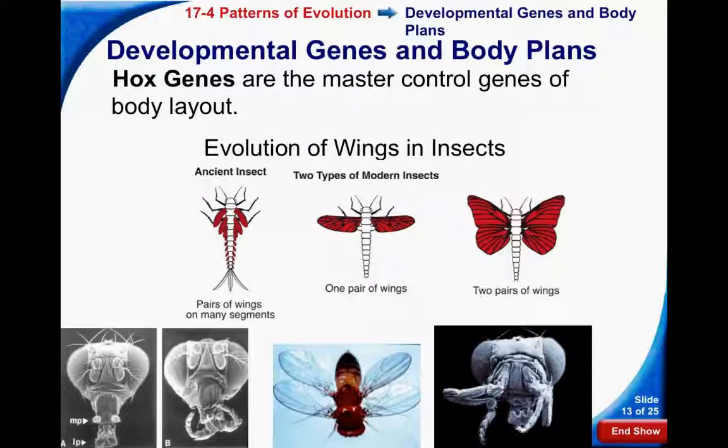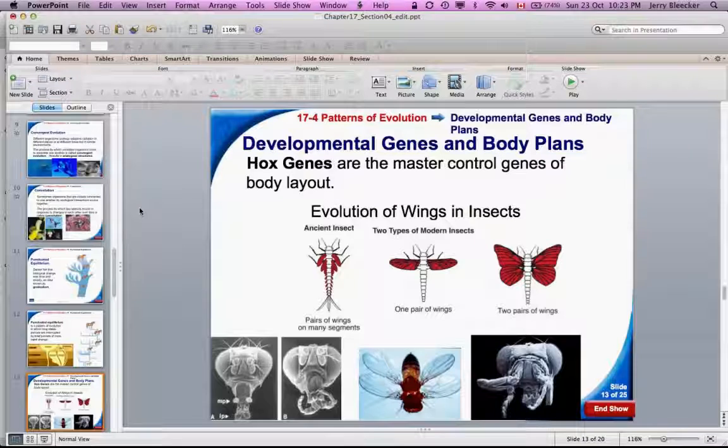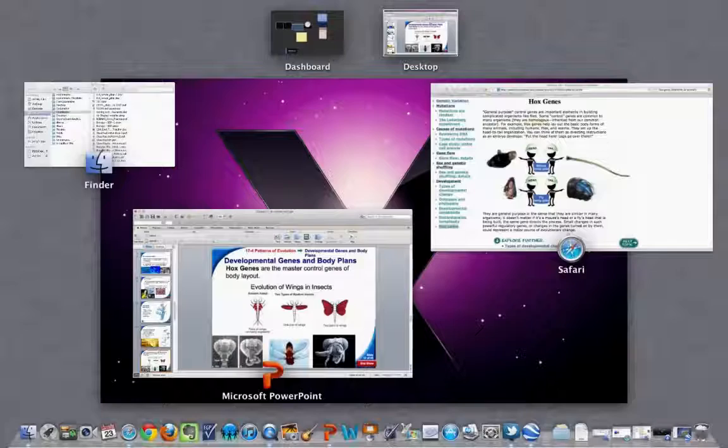But Hox genes, you should really just understand, are the genes that turn on our development. And if there are changes in the way our development is expressed, then it suggests that we're undergoing some form of evolution.